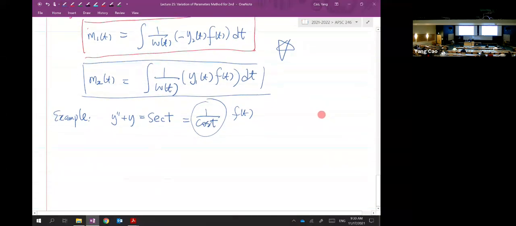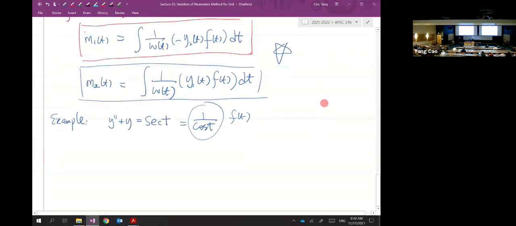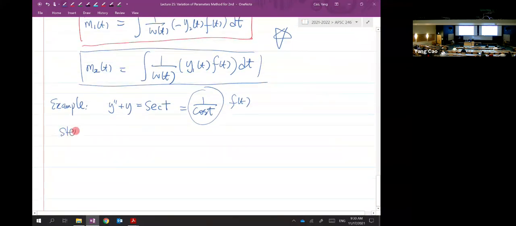Using variation of parameters basically means you're going to use these two formulas here. But in step 1, you still have to obtain the homogeneous solution first, so basically y1 of t and y2 of t. Step 1, write down the characteristic equation: lambda squared plus 1 equals 0. Your solution for lambda has two complex conjugate roots, positive and negative j. Then you look at your previous lecture notes.